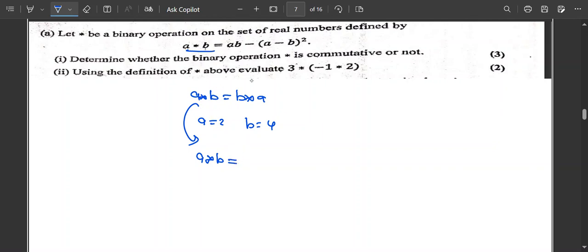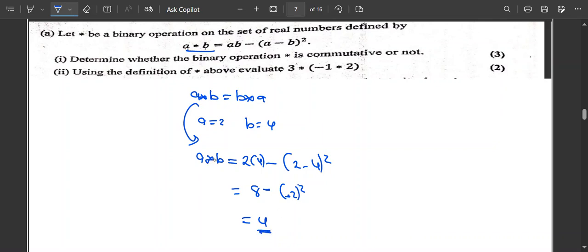Now a star b is already given there, so I'll say a, which is 2, open bracket, then our b is 4, then minus open bracket, our a again is 2 minus 4 squared, which is 8 minus, what is inside is negative, right? So it's negative 2 squared, which is positive 4. 8 minus 4 will be 4. You get? So this is 4.